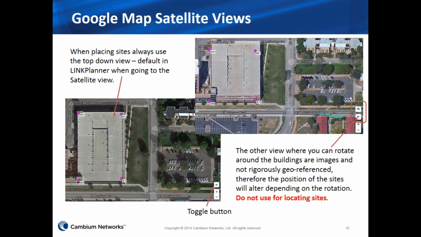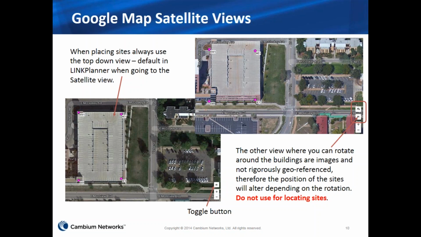You can see I've put 4 sites there on the 4 corners of the building. If you then use the toggle button to go to more of an image view, often called a bird's eye view, at this point you can rotate and move around the buildings. It's really nice when you're trying to see what's happening, and it's quite useful when you want to get a better estimate of the buildings, because it's easier to see how many floors there are.